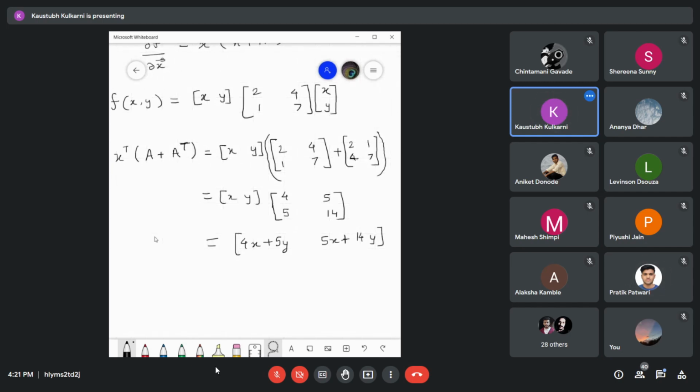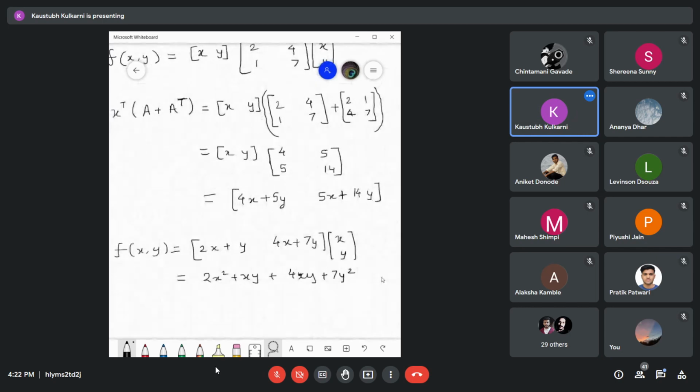So f of xy, if we simplify, just to cross verify, or without this property, it would be 2x plus y and 4x plus 7y multiplied by xy, which is 2x square plus xy plus 4xy plus 7y square, which is 2x square plus 5xy plus 7y square.